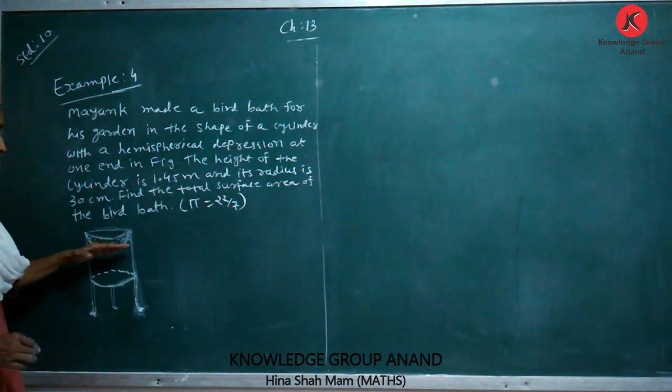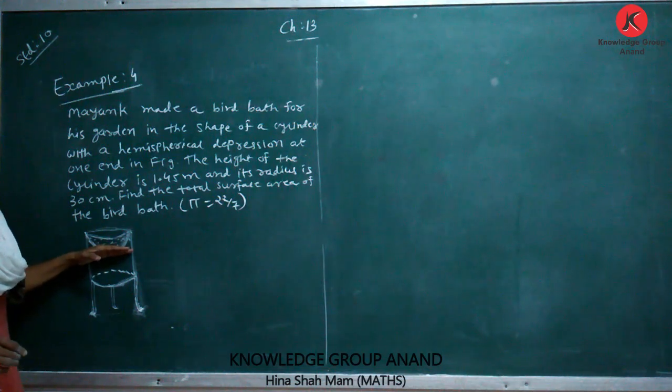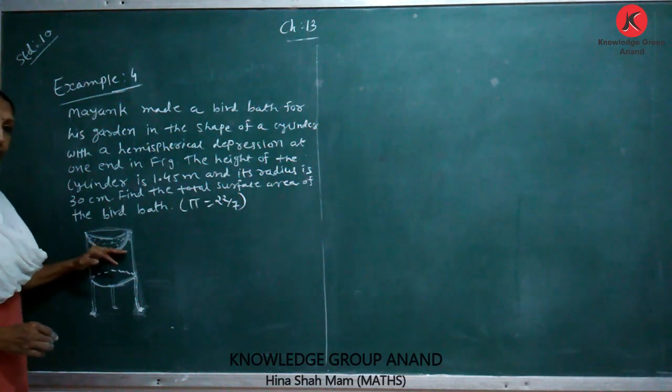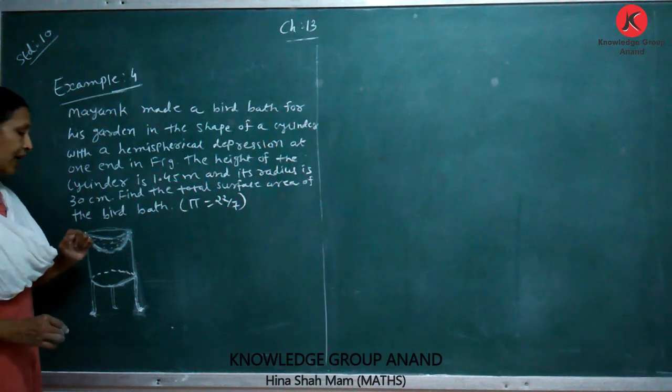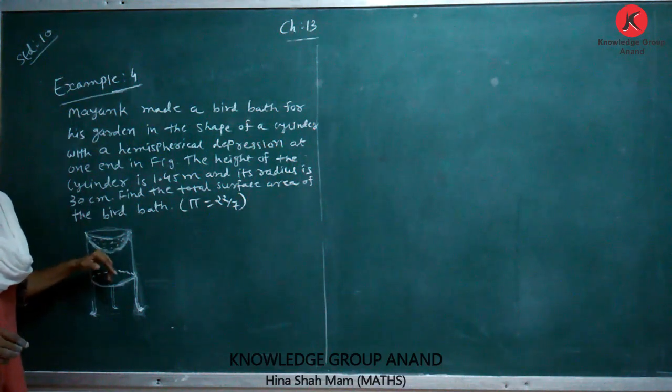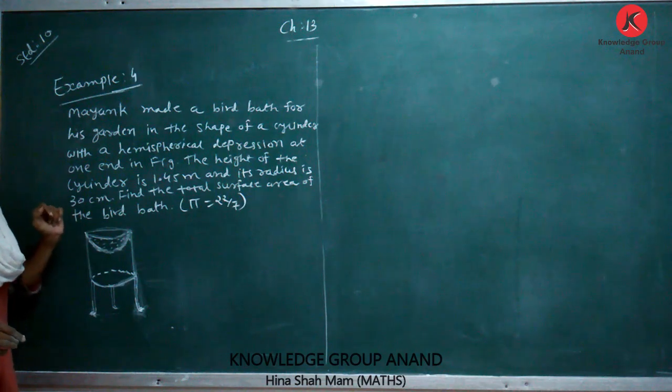And the curved surface area of the hemisphere. What is the formula? Yes, 2 pi r square. Curved surface area of hemisphere is equal to 2 pi r square.